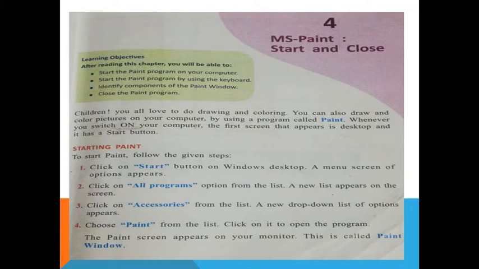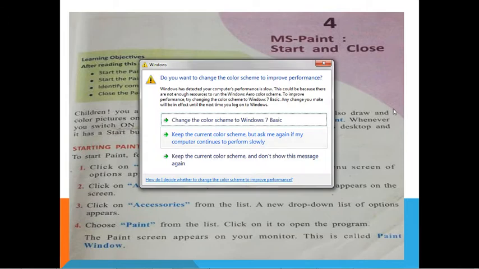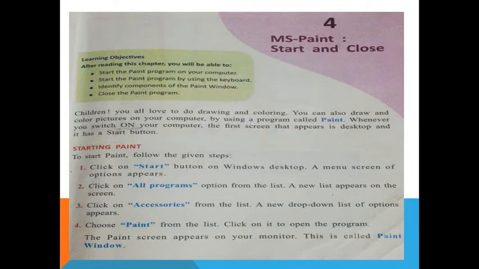I think you did it practically, you drew some pictures like circle, triangle, square, and some typing. So the main process for Paint, we should control the arrow.